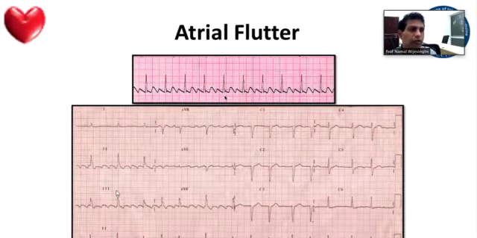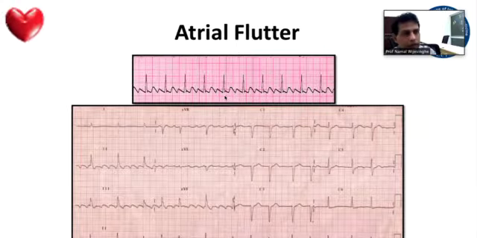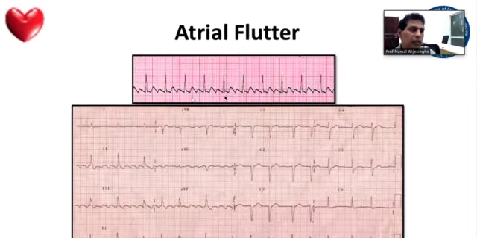So sometimes you can have a fixed block. You can get atrial flutter with 2 to 1 block, or 3 to 1 block, or 4 to 1 block. Or else, like in this ECG, the upper panel here is atrial flutter with a fixed block, which is a 3 to 1 block. Heart rate is exactly 100.